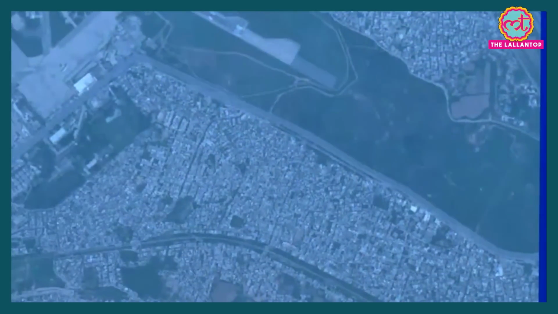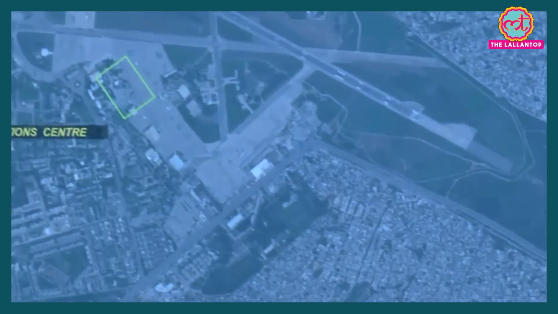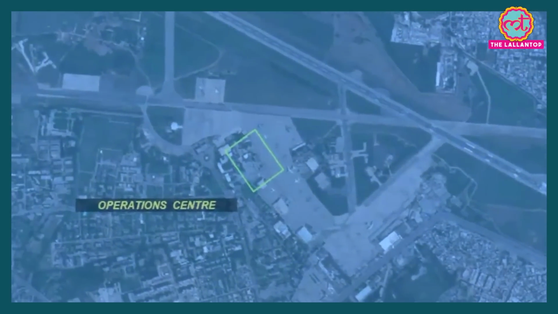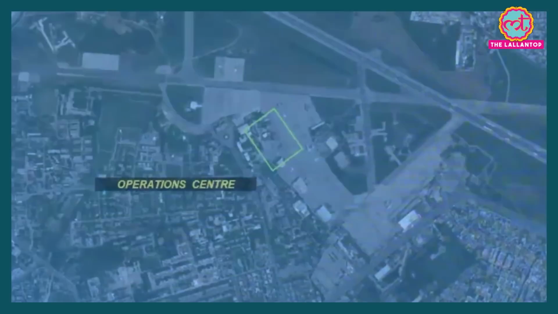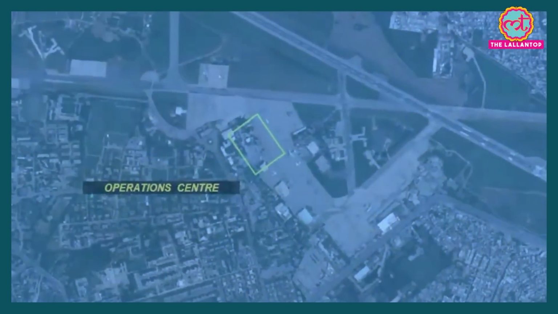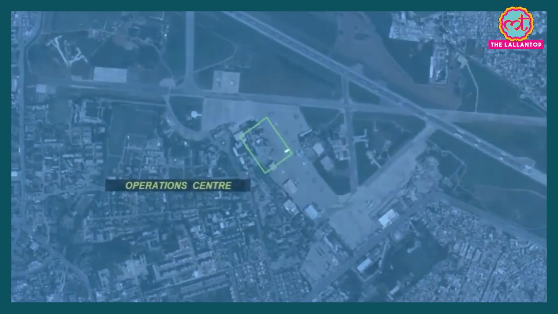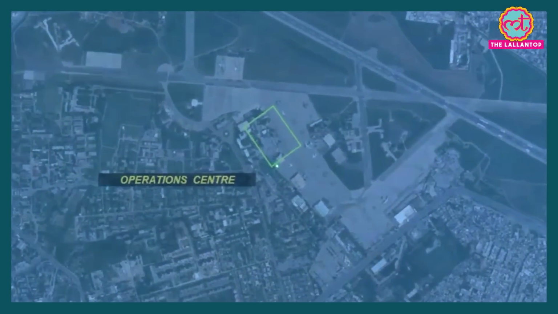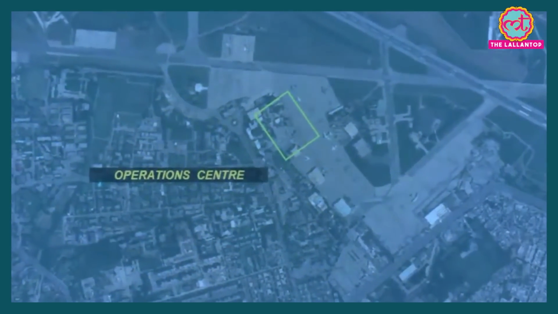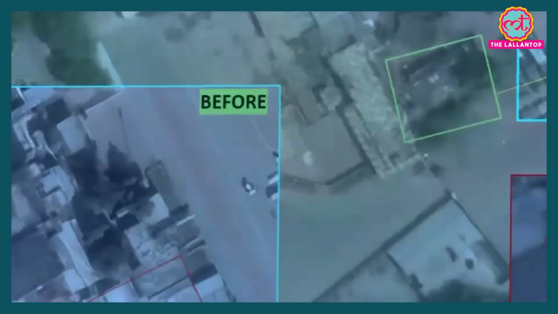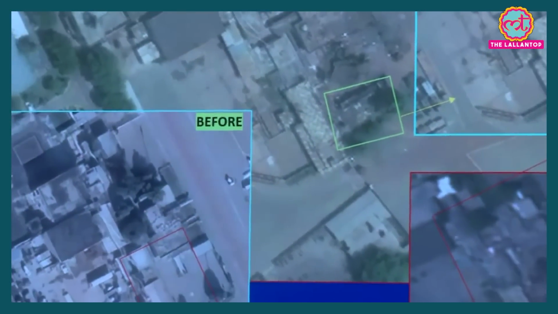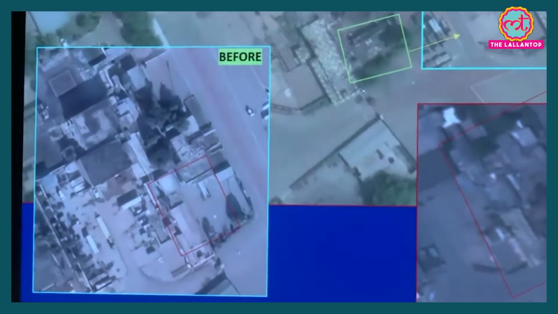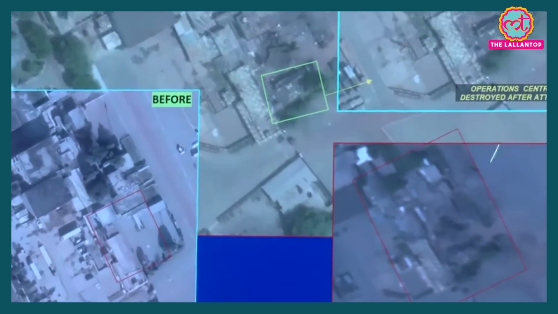Next. Chaklala Airfield, Noor Khan, once again a major air base, a lot of their logistic assets out here. This was the chosen complex that we intended to strike and convey a message. Next slide, please. This is how it looked before, and this is how it looked after our strike.